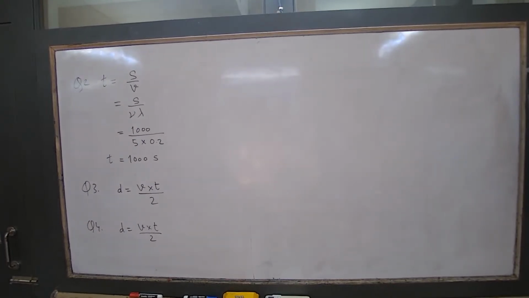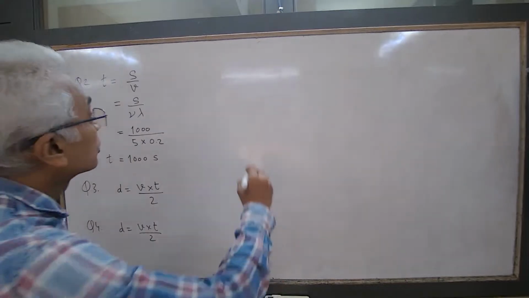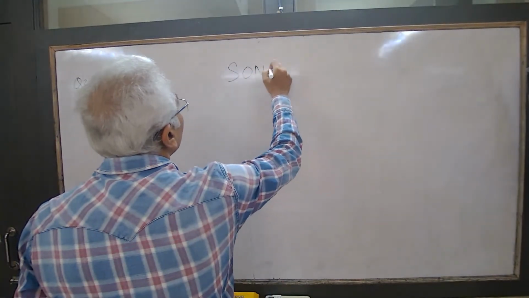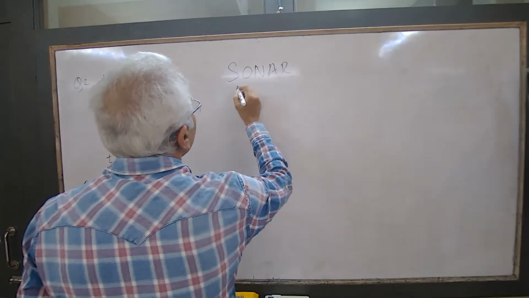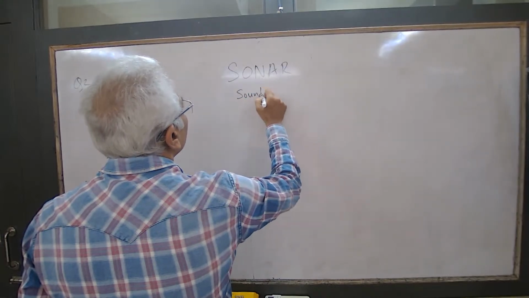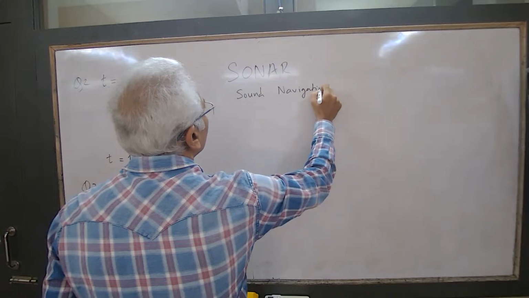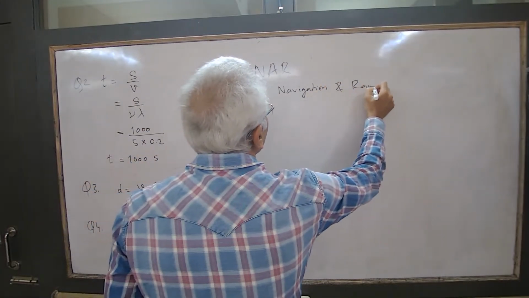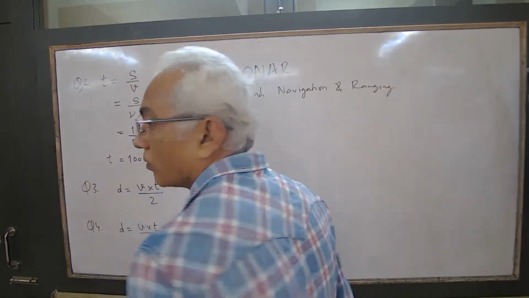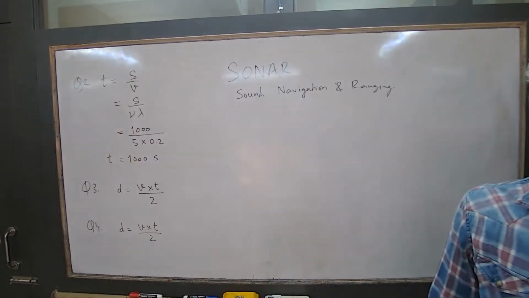Now sonar. Sonar is one thing I forgot to tell you. What is sonar? One of the applications of ultrasound waves is sonar also. It stands for sound navigation and ranging.